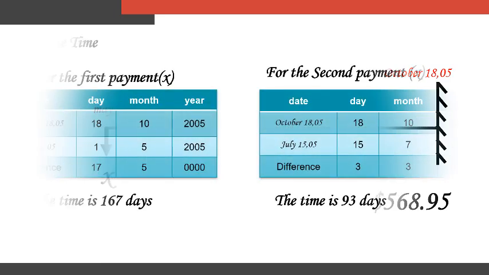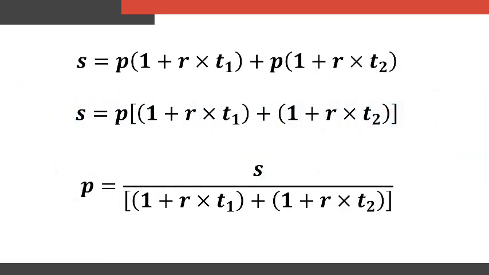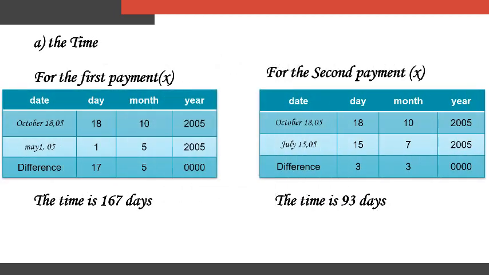We can use the formula S equals B times (1 plus RT). At the beginning, we must calculate the time for the first payment and for the second payment.